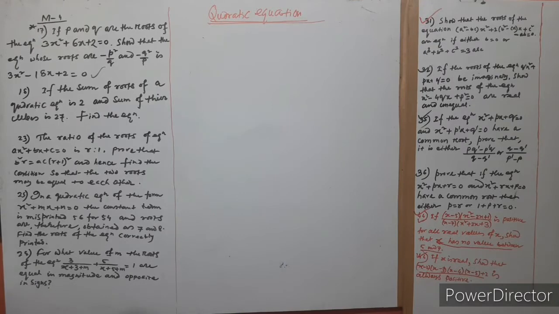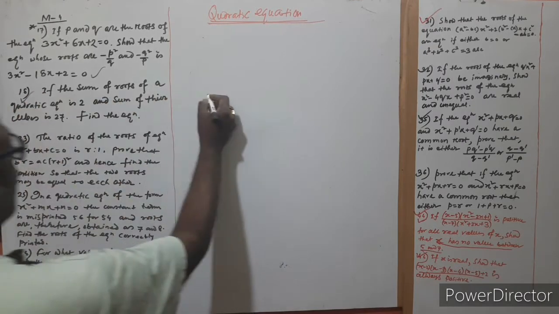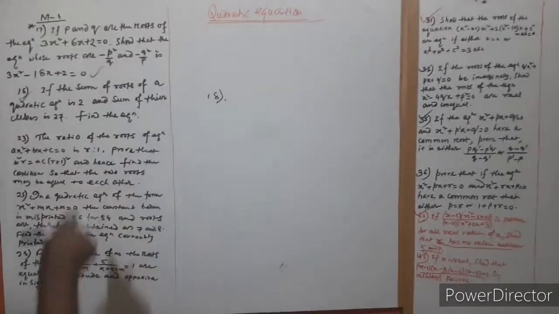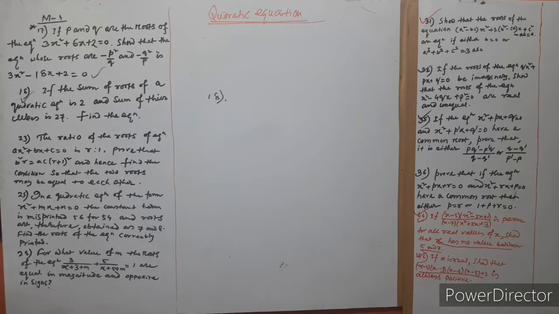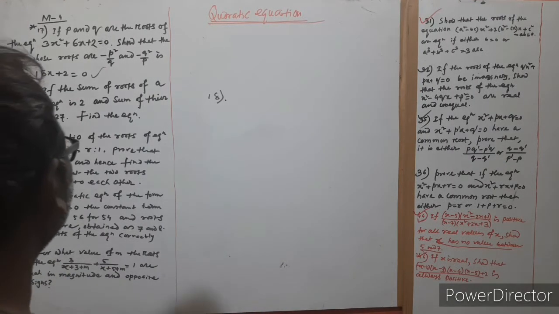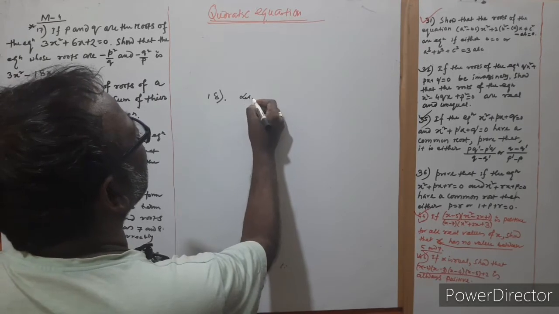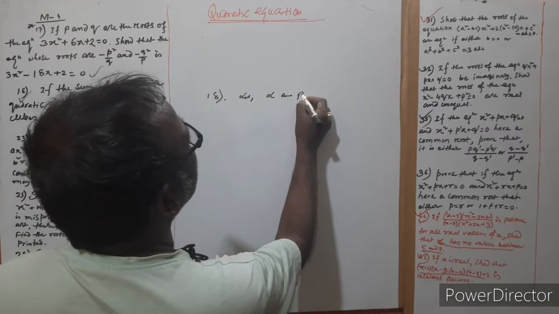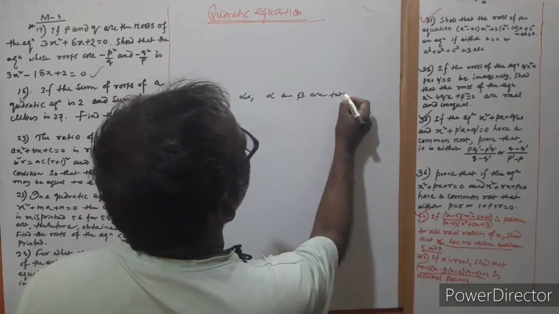And now question 18. If the sum of the roots of this quadratic equation is 2, let alpha and beta be the two roots.